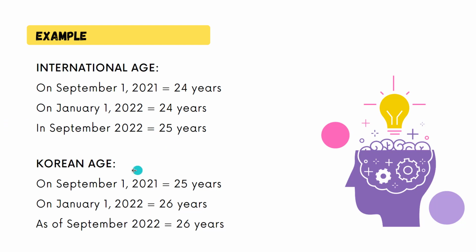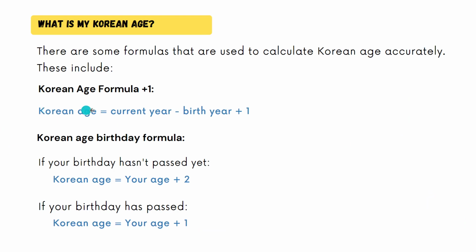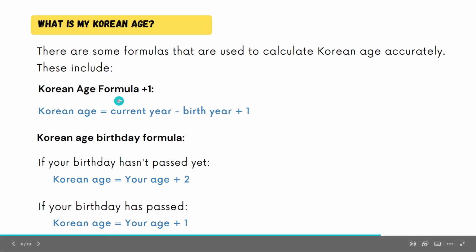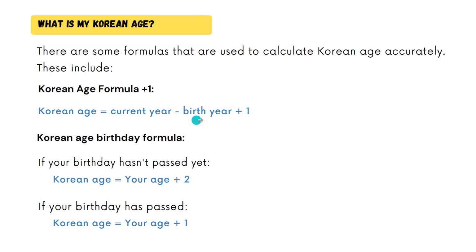So here, this is the formula that we have to follow to calculate the Korean age. We have two ways to calculate it. One is by taking their birth year. You take their birth year, get the current year by using the Python module called datetime, subtract the birth year from the current year, and add 1, and you get the Korean age.